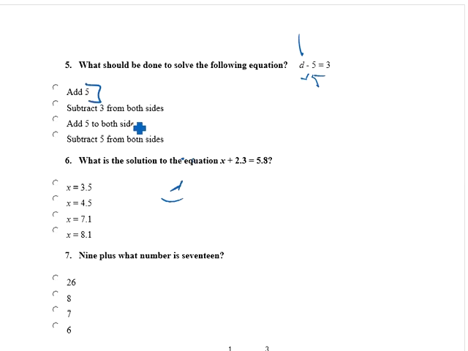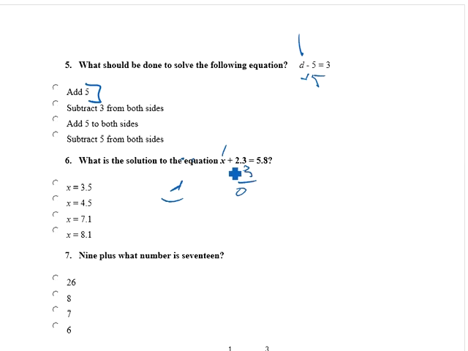Add 5. Okay. What is the solution to the equation x plus 2.3 equals 5.8? Well, I need to get x by itself, so I'm going to subtract 2.3, and that's how I get rid of that 2.3.